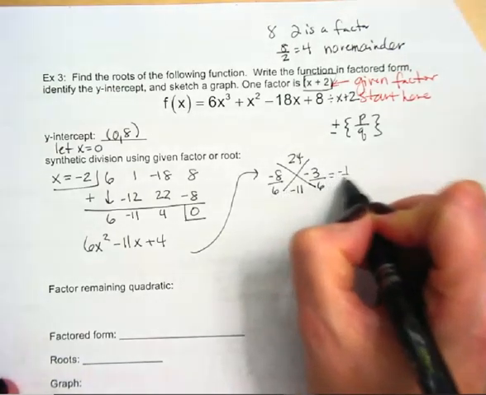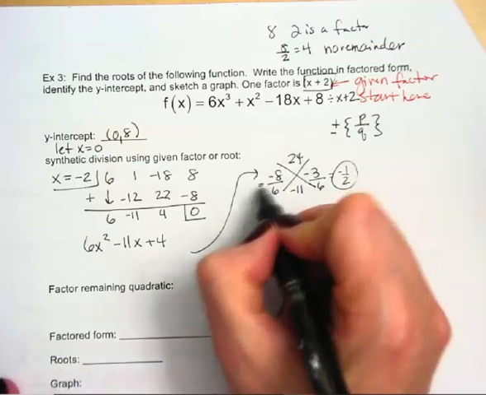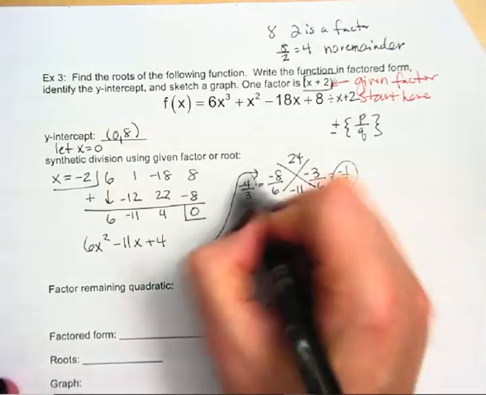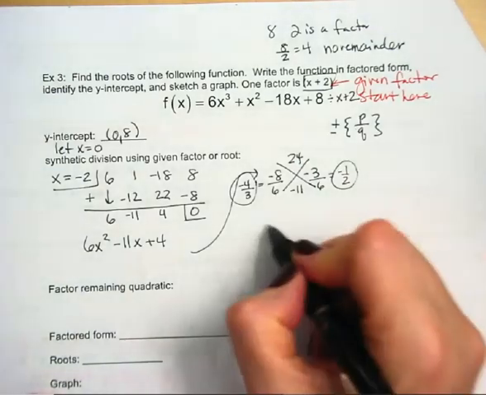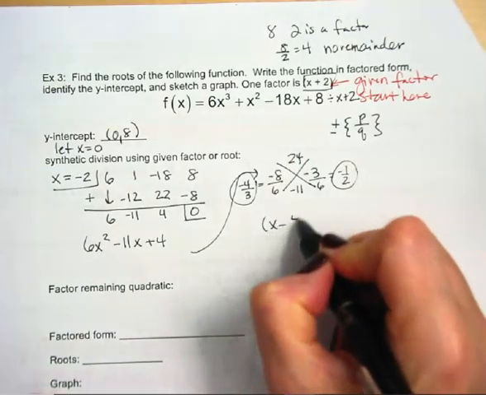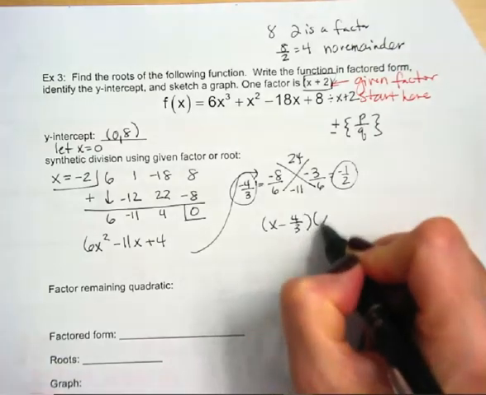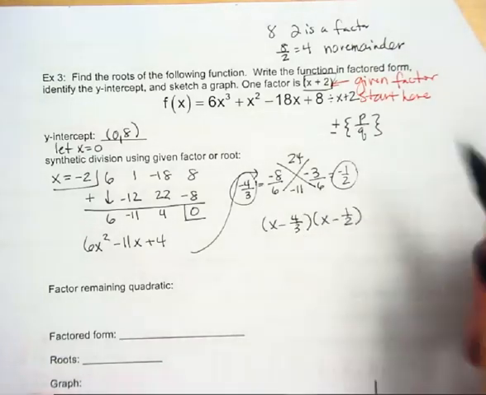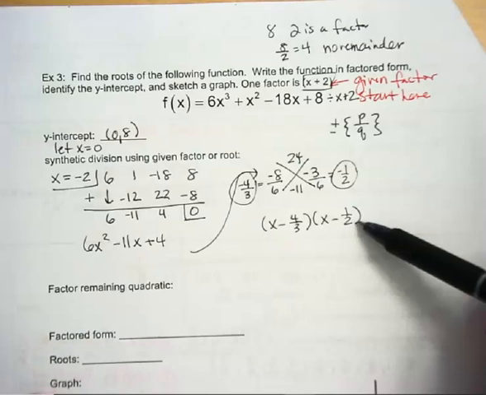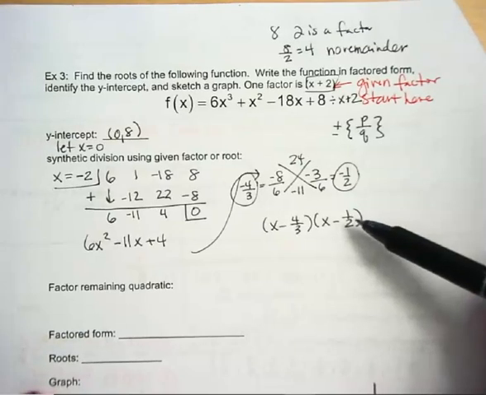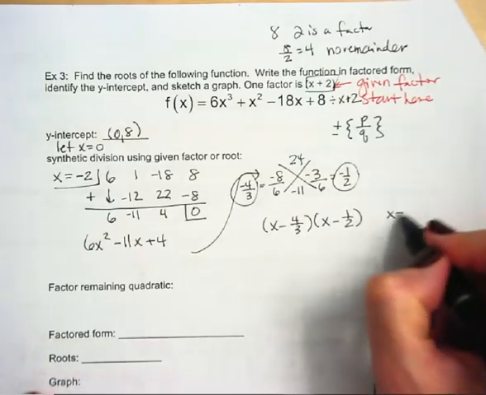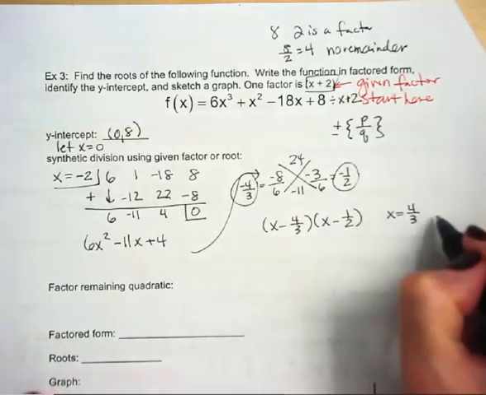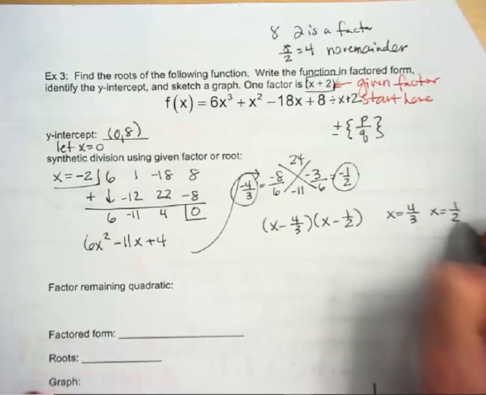This is negative 1/2. This is negative 4/3. I go and write this in my factored form. Now, this isn't my finished factored form, but what's great about it is I can already see my roots. From the first factor, x is 4/3, and from the second factor, x is 1/2.